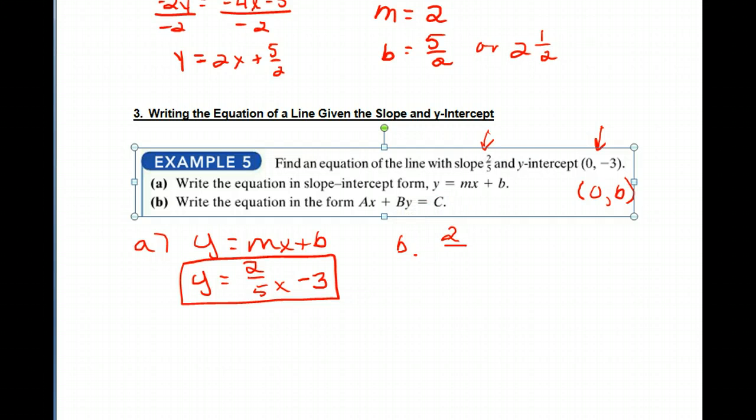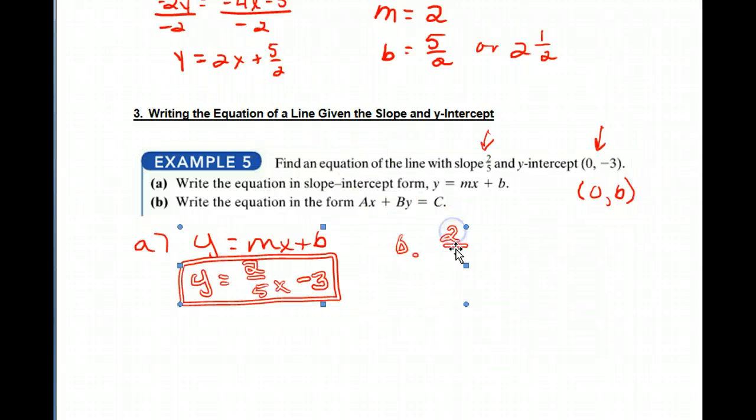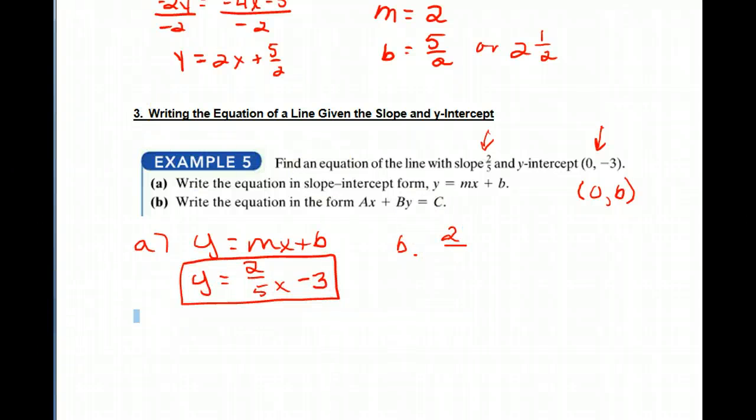And standard form of the equation requires that we start with the x term and move it. One second, trying to erase what I wrote there.